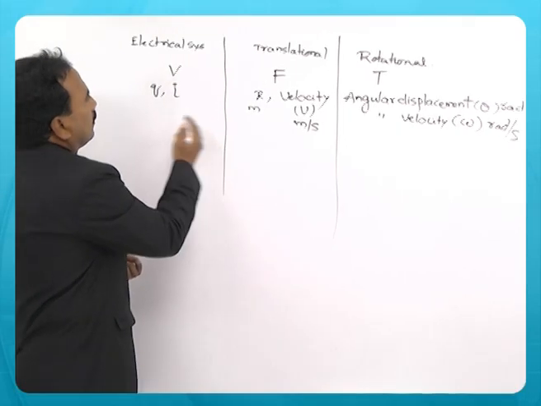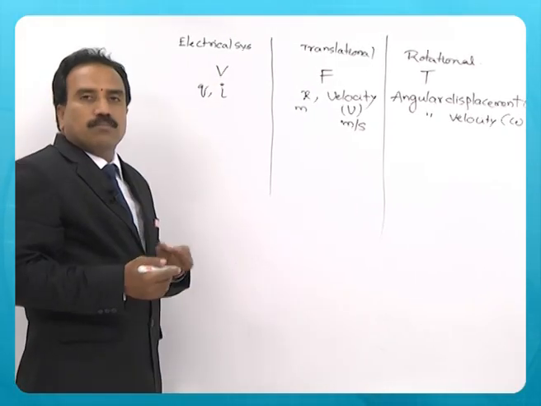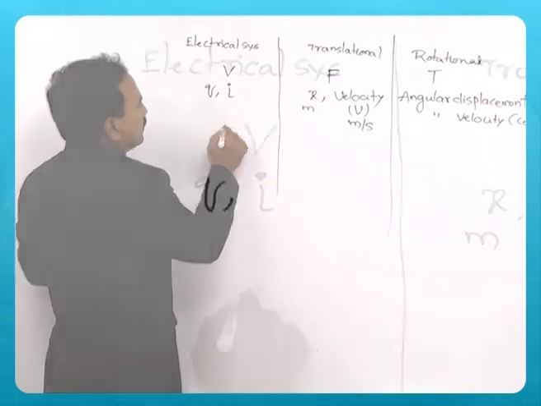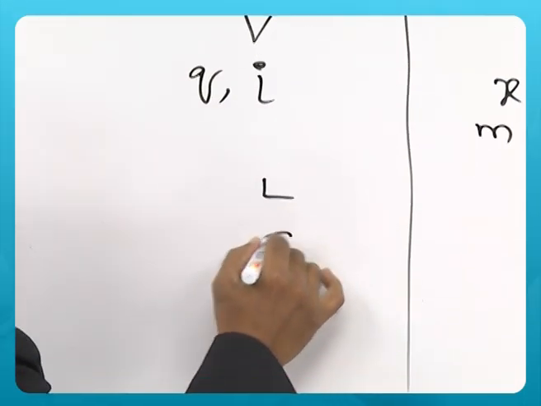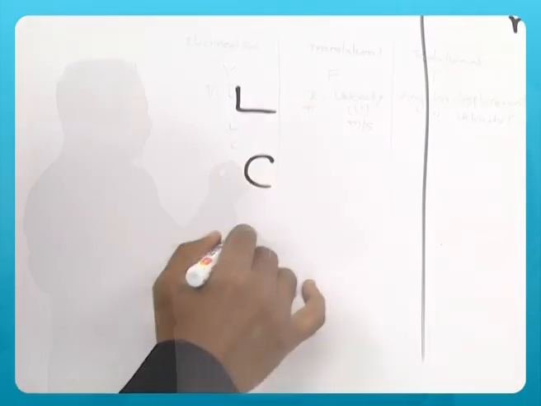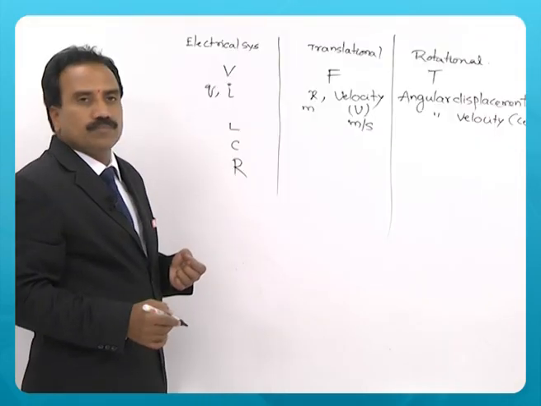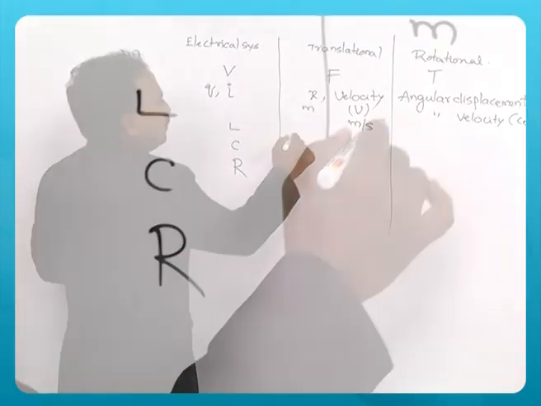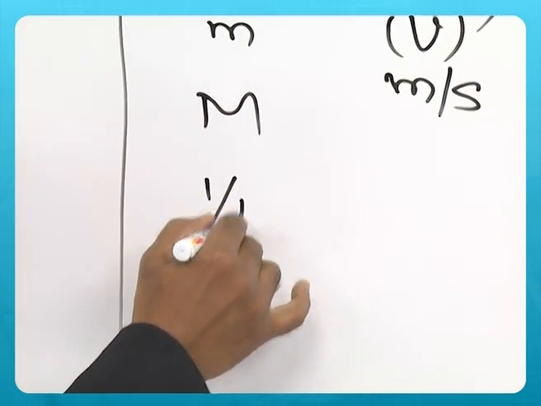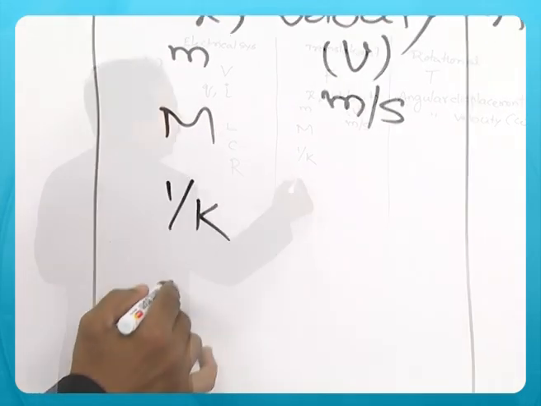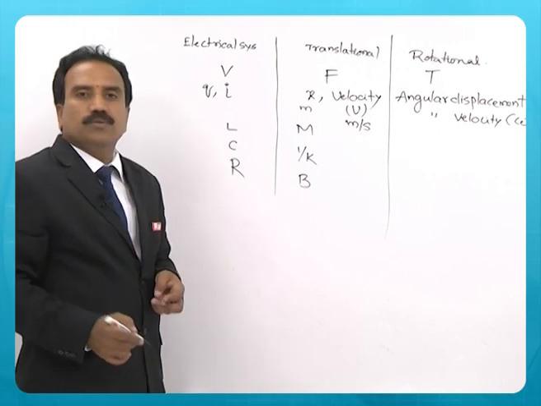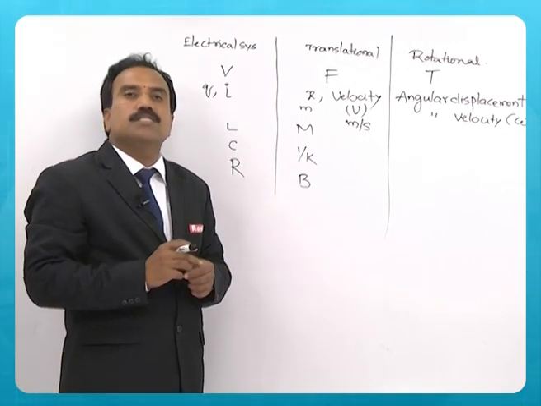Now, if you see the passive components of the system, like you have L, you have C, storage components, and resistor. We have already seen here mass, then 1 by K spring stiffness, and R is corresponding to friction in a translational system.